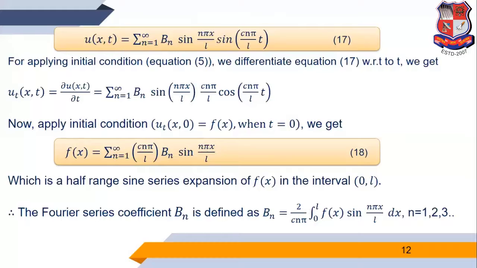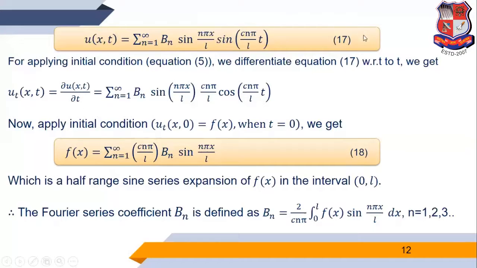Now, the remaining one condition we apply in equation 17, that means the initial condition for velocity. So obviously we differentiate equation 17 with respect to t, because the velocity condition is based on the derivative of the displacement with respect to time.